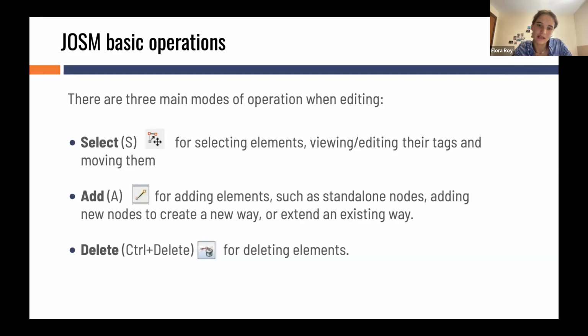And then you have the delete tool. This is for deleting elements, but there's also definitely tools that you can use to fix either what you have mapped or what other people have mapped. And that way you can improve the mapping by also preserving the history of the item. So you don't have to delete it and create a new one, but you can keep it. But we'll get into that later on. Next slide, please.